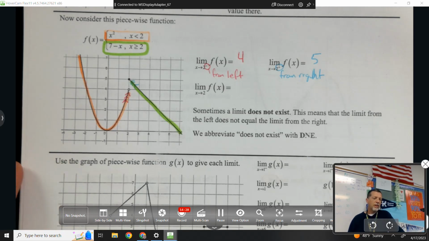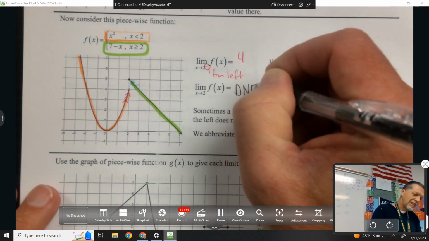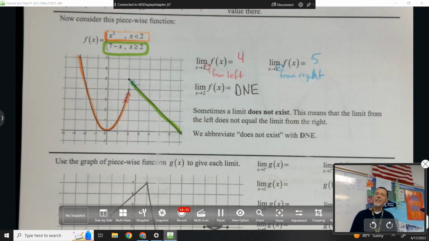Well, I'd ask for the next one, but it kind of gives the answer right there. So what's the limit as x approaches 2? Read ahead one line. DNE, does not exist, and we will use DNE a lot in calculus and in this section. The limit from the right doesn't equal the limit from the left. DNE doesn't work.